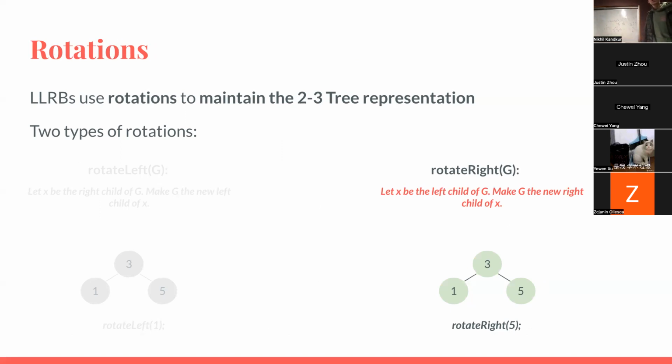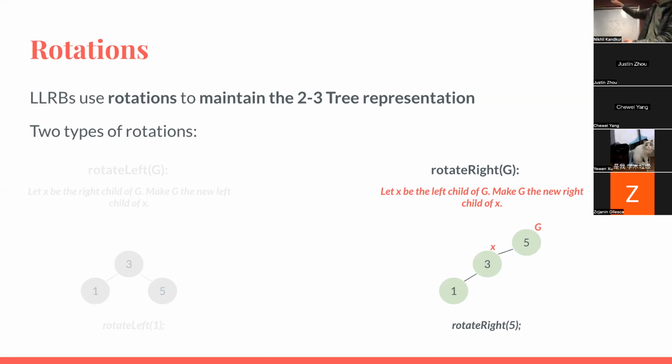Like in this case, right? Okay, so we call rotate right on 3, then 3 becomes our G, and the left child of 3 becomes our X. So 1 becomes our X, 3 becomes our G. Then 1 would take 3's place, and 3 would be the new right child of 1.